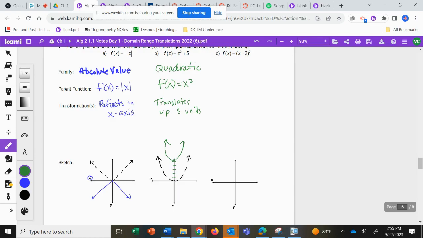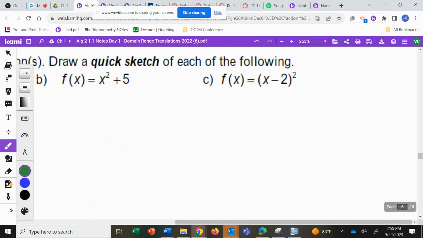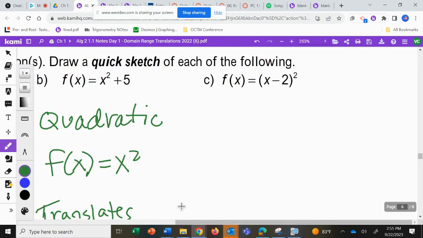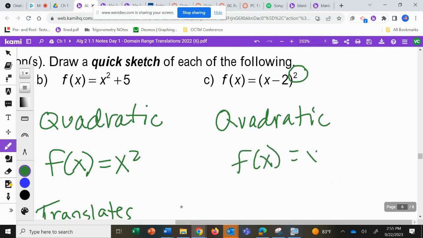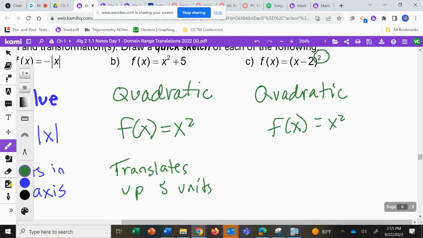Okay. And then the third one. So this one right here is also squared. So this one is also quadratic. They're both quadratic. So it's still f of x equals x squared. But what does the minus 2 do if it's on the inside? This one does opposite of what we'd think. So since it's minus 2, we're actually going to move it to the right.